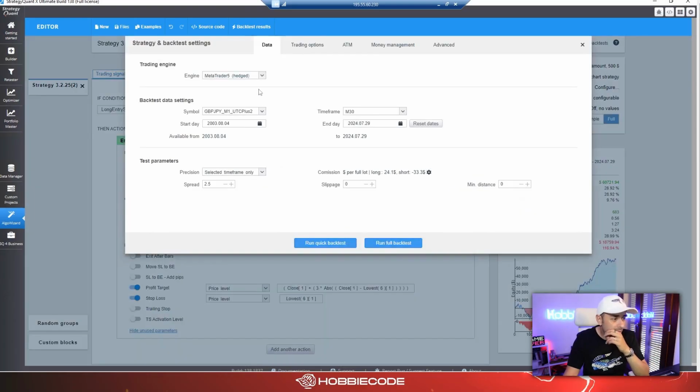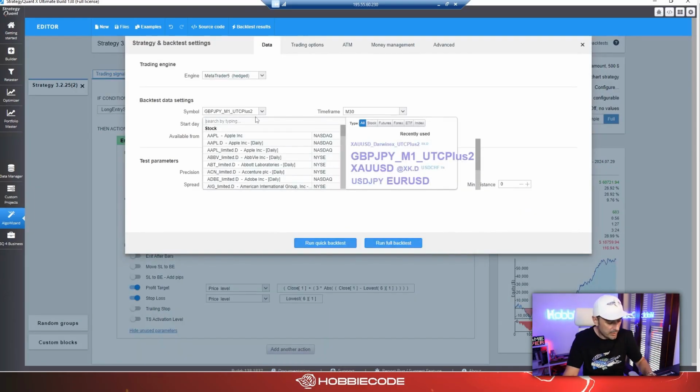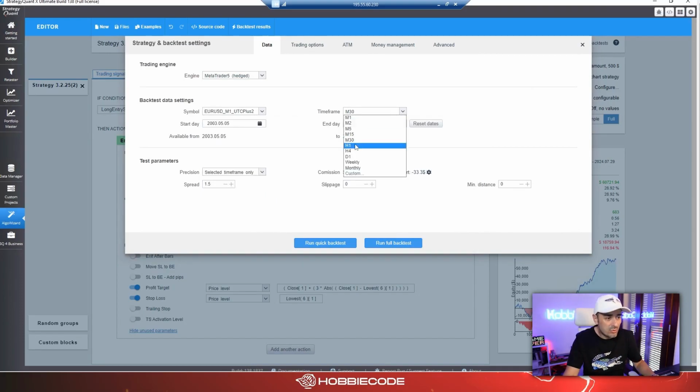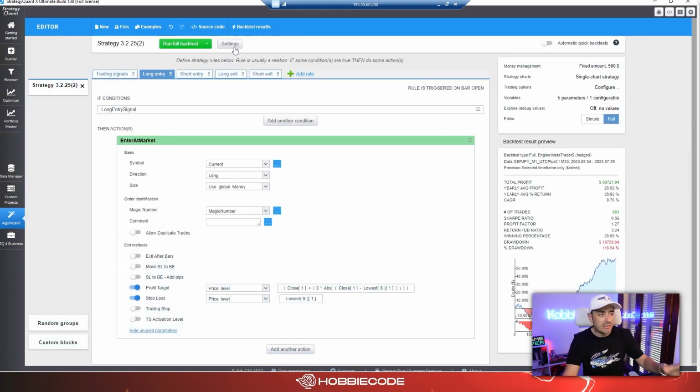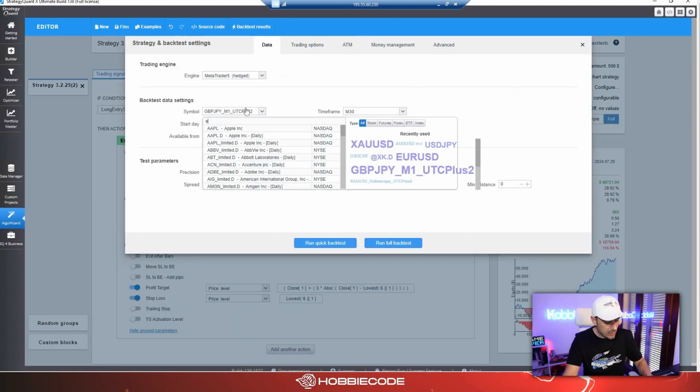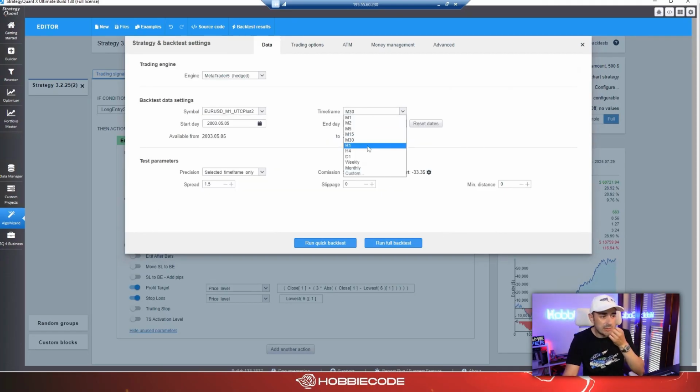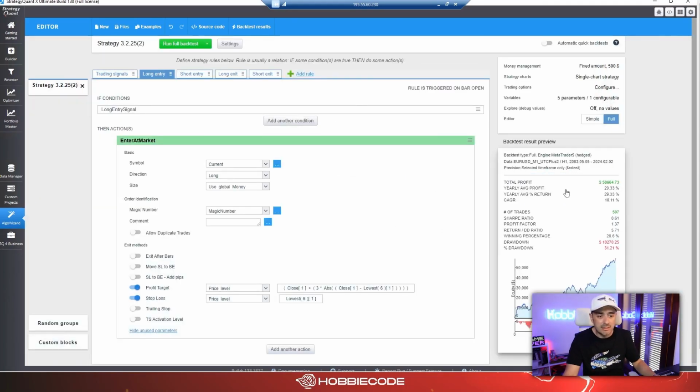I am going to try it now on other pairs, such as the dollar. Here we have it, and I am going to set it to 1 now, which is the same as the base time frame in which I created this strategy. Now I am going to test the asset euro-dollar. I'm going to test it on H1, which is the original time frame of this strategy. And it will have a backtesting.